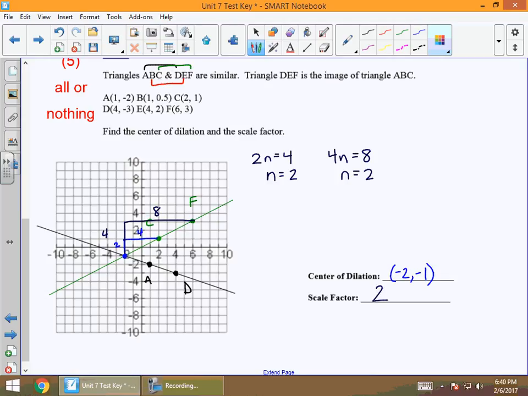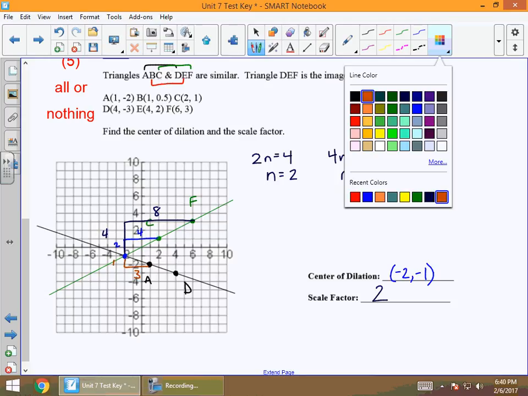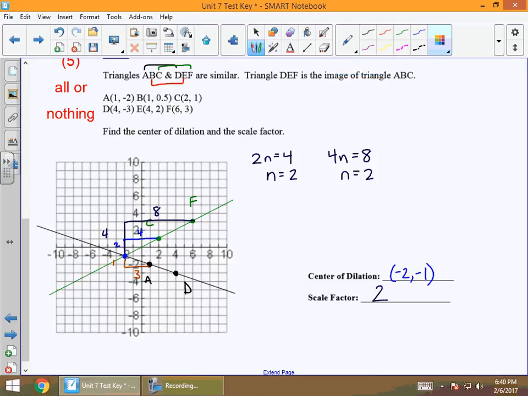And I could do the same thing coming down. Right? If I'm coming down to A, I'm coming down 1 and right 3. Or to get to D, I'm coming down 2 and going right 6.